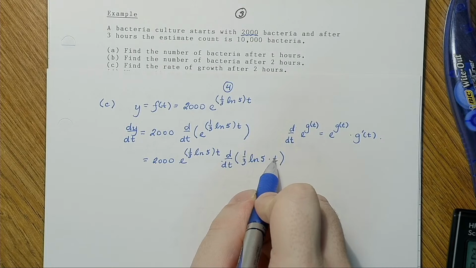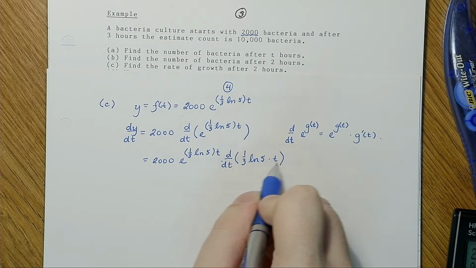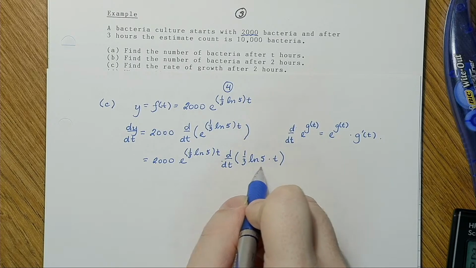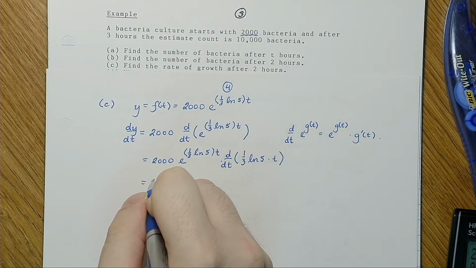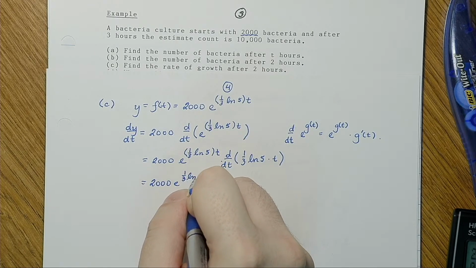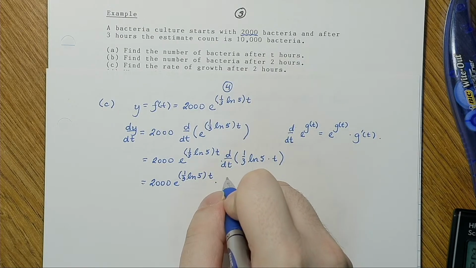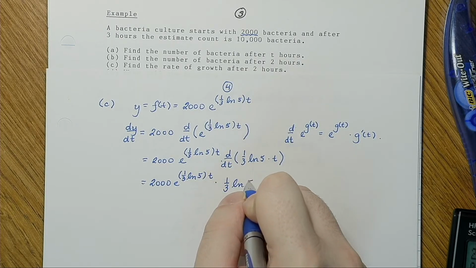So here's my t, and there's my constant. So the derivative of this is just 1/3 ln 5, times 1/3 ln 5.